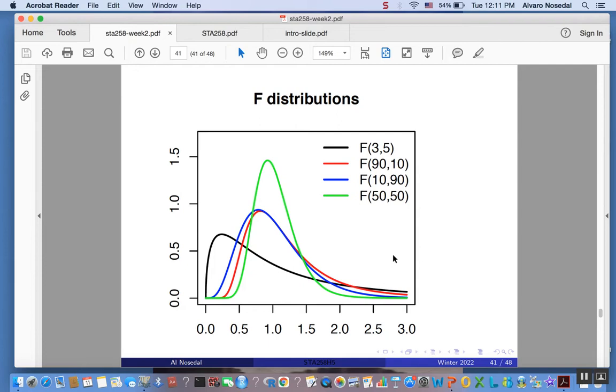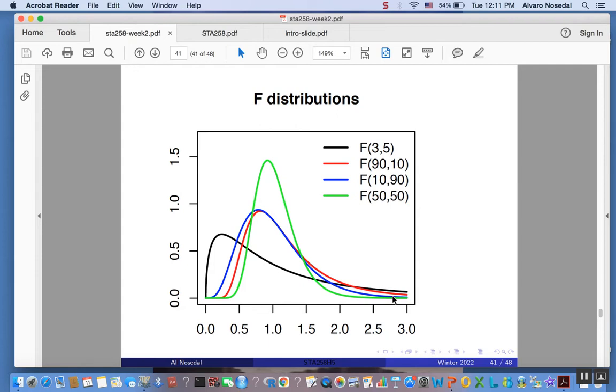Just bear in mind that one property of F distributions is that the support, the non-zero part of the PDF, is the non-negative real numbers.